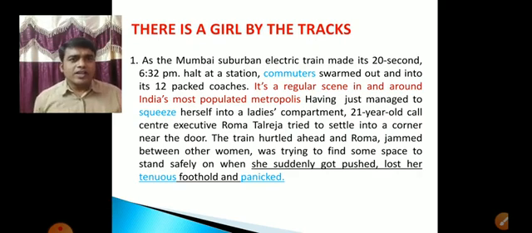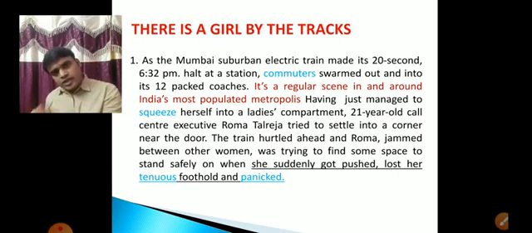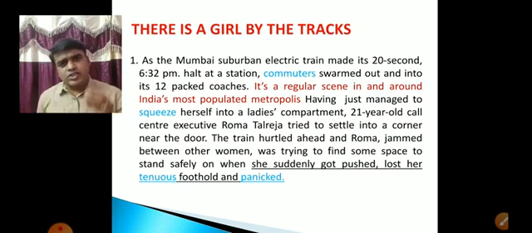Having squeezed herself into the ladies' compartment, a 21-year-old call center executive, Roma Talreja, tried to settle into the corner near the door. The train arrived. Roma Talreja tried to get in. She got into the compartment. It's already a heavy rush, children.